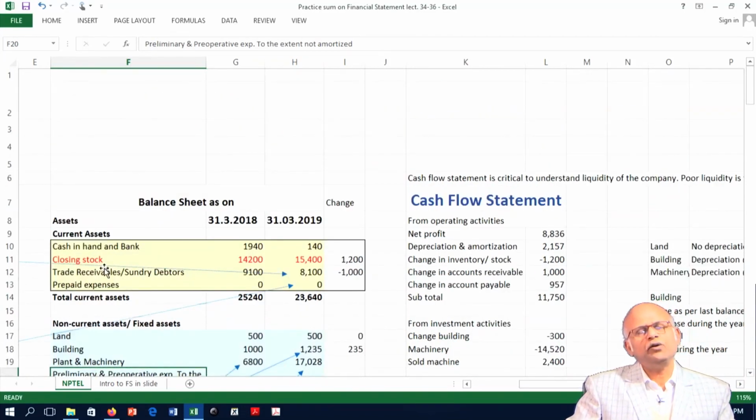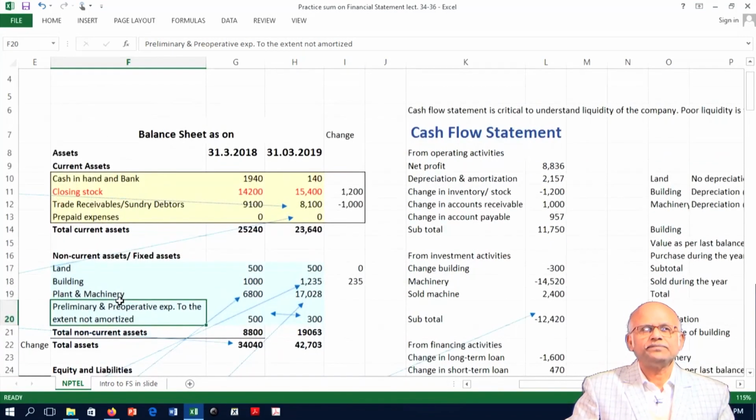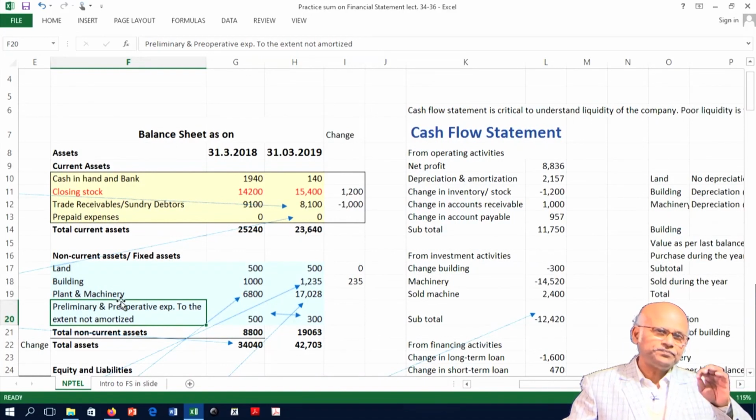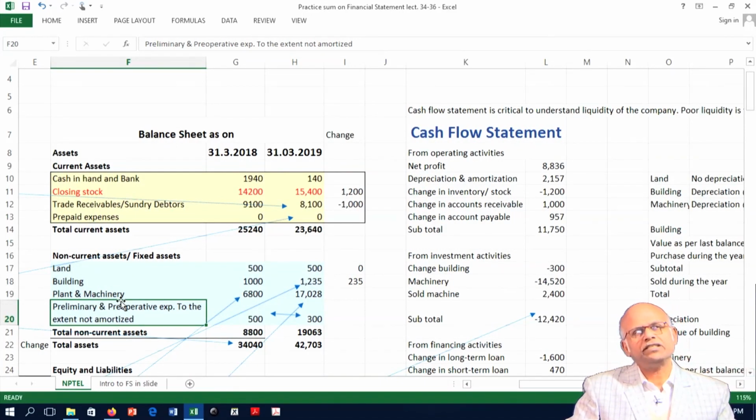Now, let us see how to populate the balance sheet and create the entire balance sheet. Number 1, in the balance sheet we have shown during introduction, normally we start with assets first and then we write equity and liabilities, but we start with the most liquid items first.